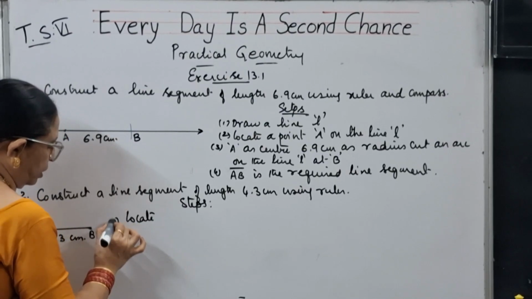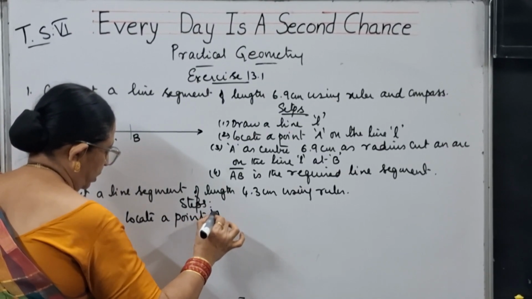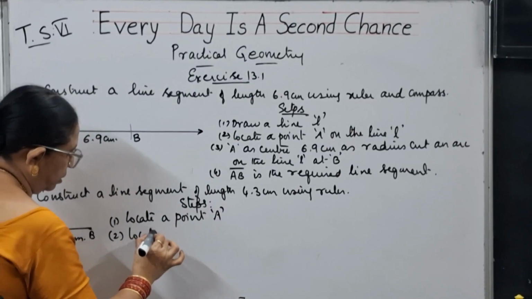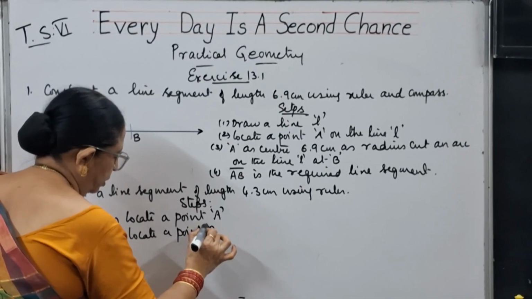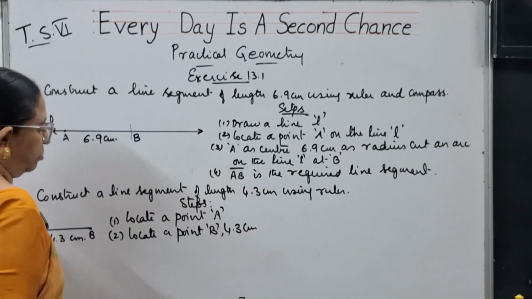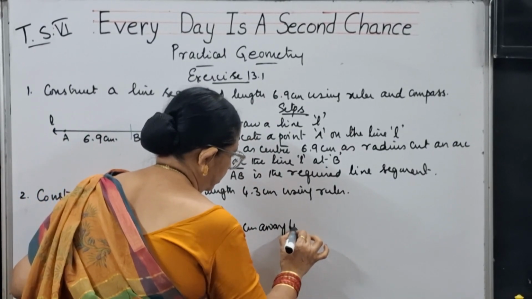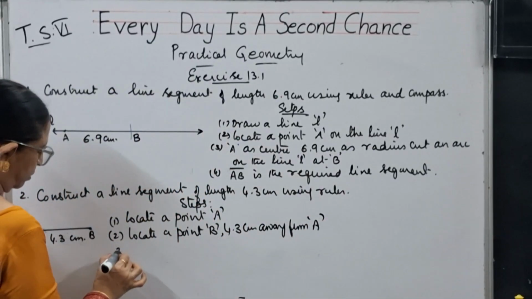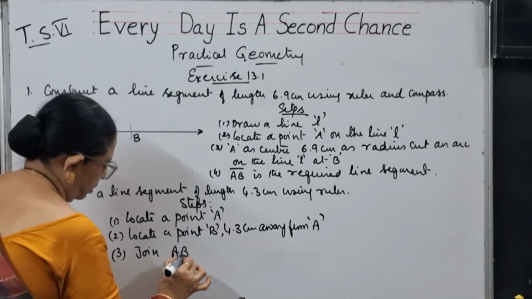First one, locate a point A. Second one, locate a point B, 4.3 centimeters away from A. And third one, join AB.